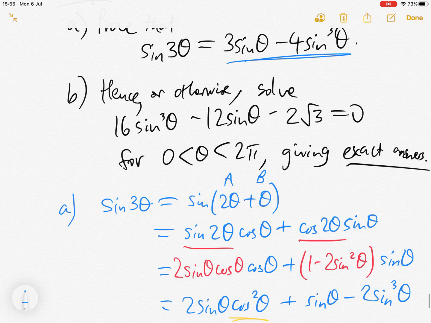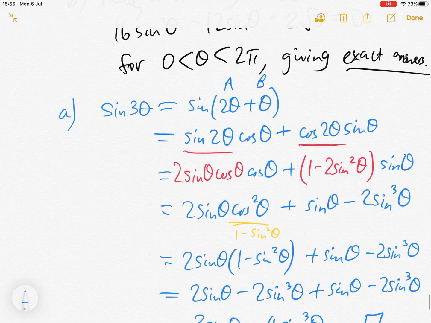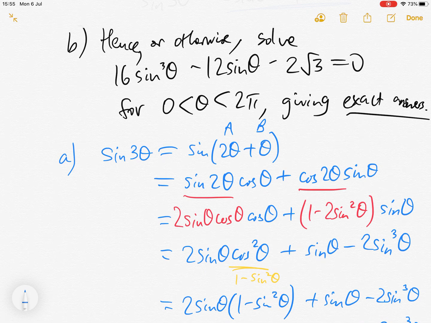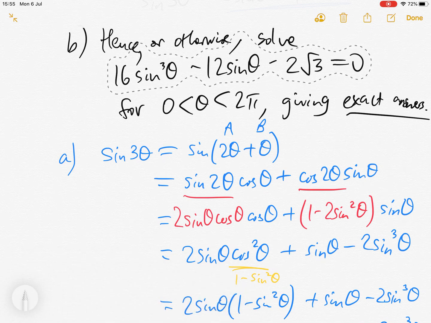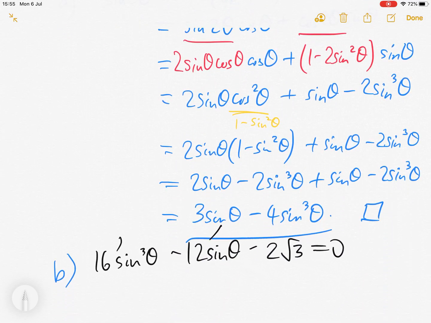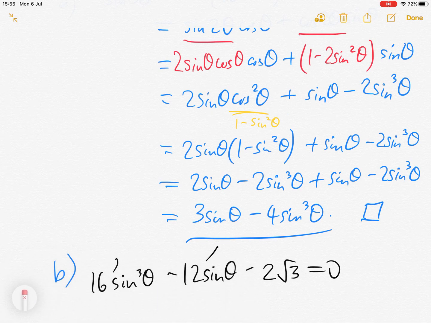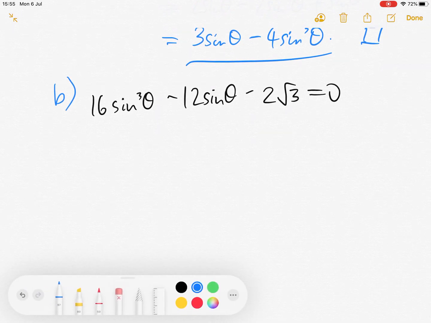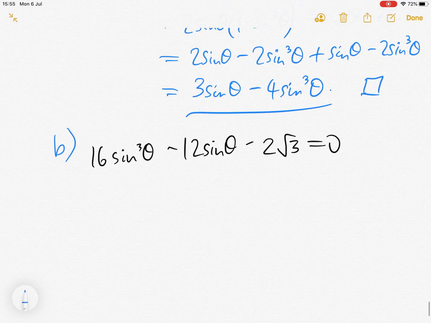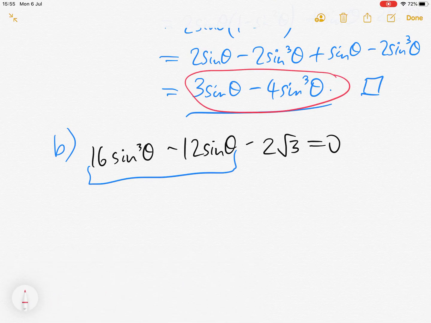And then in part B, we're asked to solve an equation. The equation is this. So let's solve this equation. And notice that this bit looks kind of similar to this thing here.